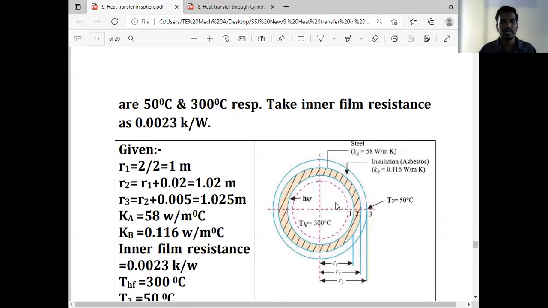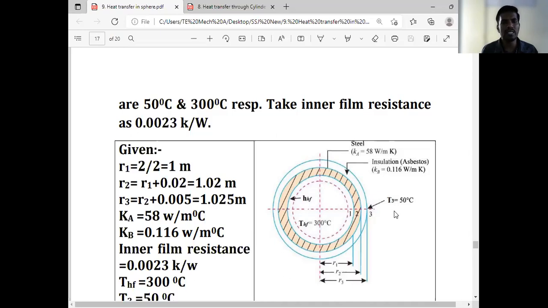The sphere given is a steel sphere, and its thermal conductivity is given. After that, the insulation is asbestos having thermal conductivity given. The hot fluid temperature is THF. The inside temperature of the steel sphere we will consider as T1, the outside temperature as T2, and the outer surface temperature of the insulation is T3. According to this diagram we have to write down the given things.